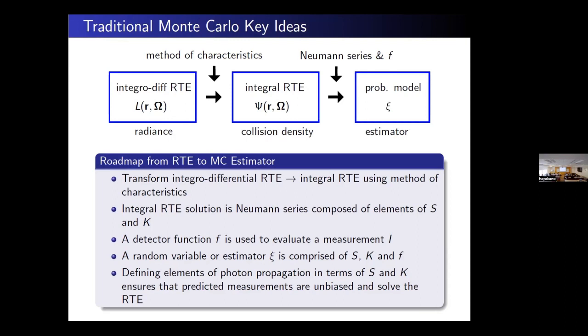Characteristics allows you to simplify the equation, and then it becomes solvable many times. In this case, it does. And we form an integral RTE. That was covered before. That, along with a detector function, allows us to evaluate a measurement.